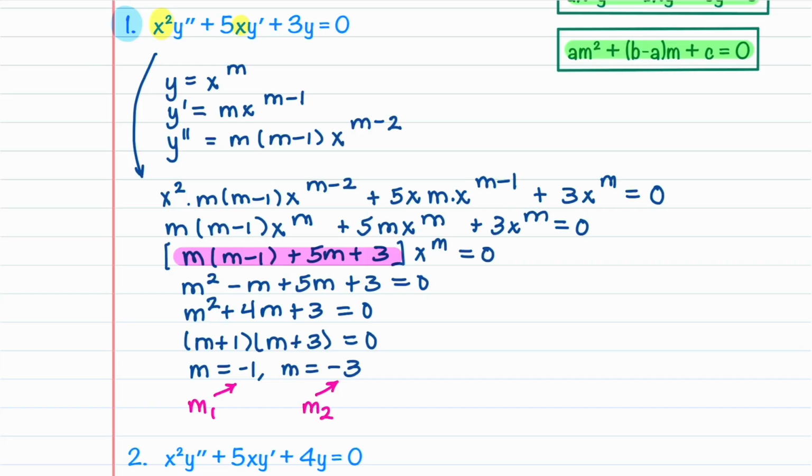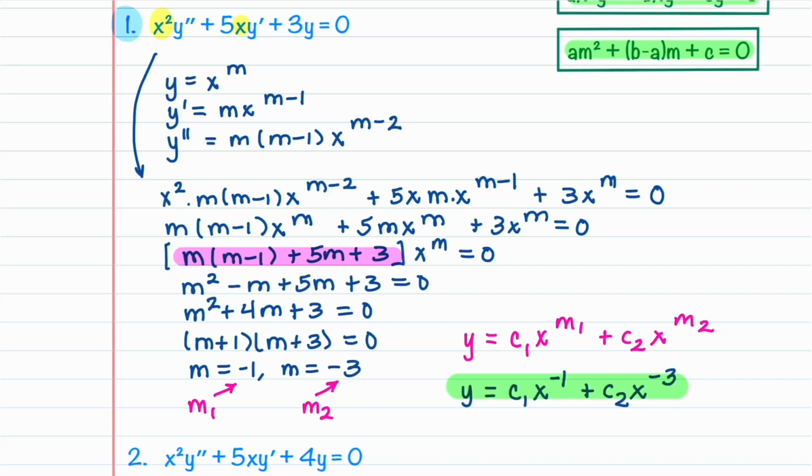The general solution for this equation, because we have two distinct real roots, is y is equal to c1x to the m1 plus c2x to the m2. We can now write down our solution. It's y is equal to c1x to the m1, which is minus 1, plus c2x to the m2, which is minus 3. And there's our solution.